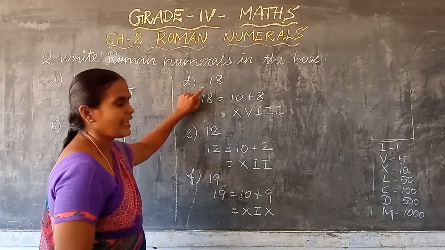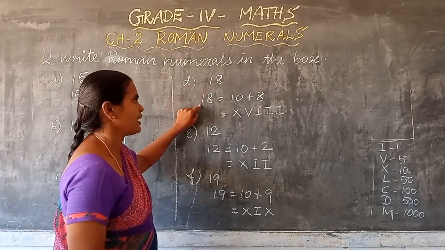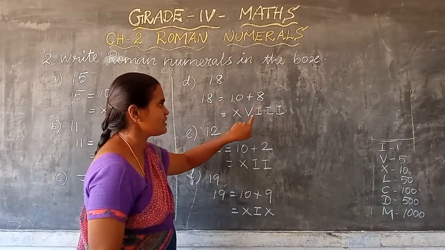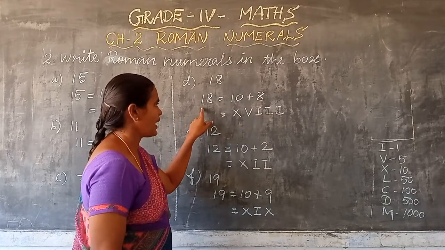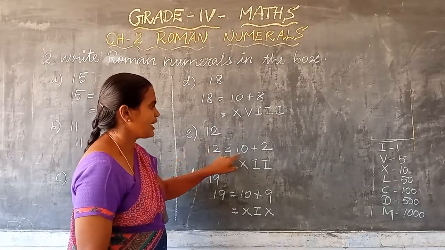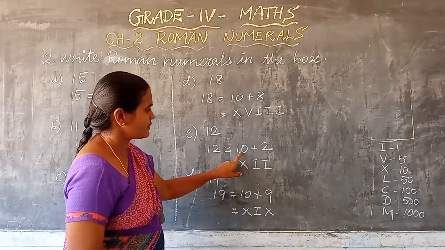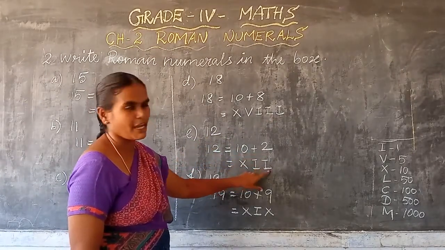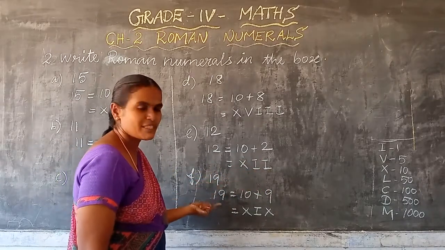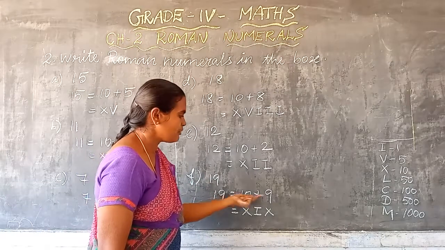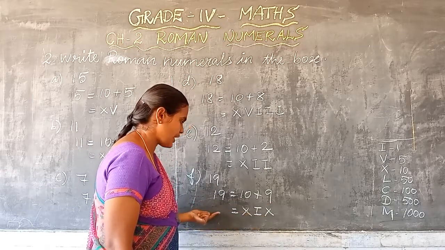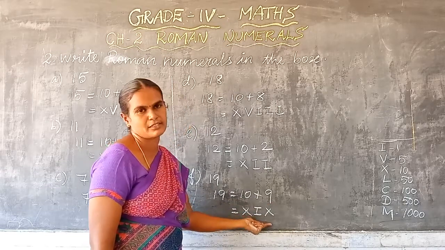D, 18. 10 plus 8. 10 means X. 8 means VIII. So 18 means XVIII. 12. 10 plus 2. 10 means X. 2 means II. So 12 means XII. 19. 10 plus 9. 10 means X. 9 means IX. So 19 is equal to XIX.